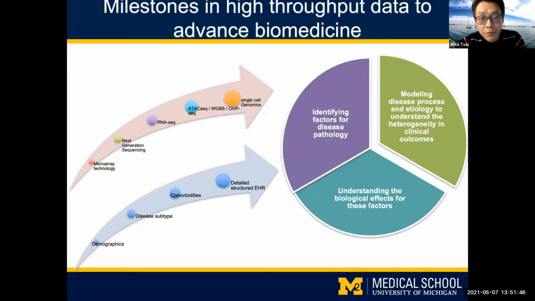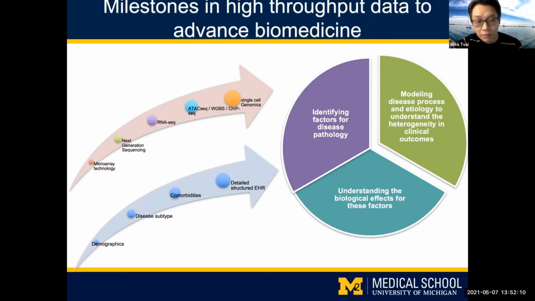High-throughput data has significantly advanced biomedicine. For the molecular data, we started with microarray technology using hybridization techniques, and moved to next generation sequencing, which allows us to profile not only the transcriptomics but at the same time the epigenomics, and more recently at the single cell level.